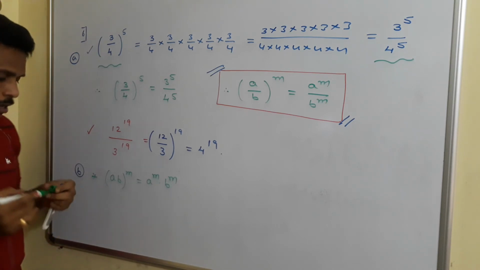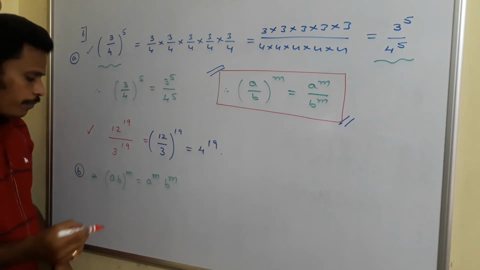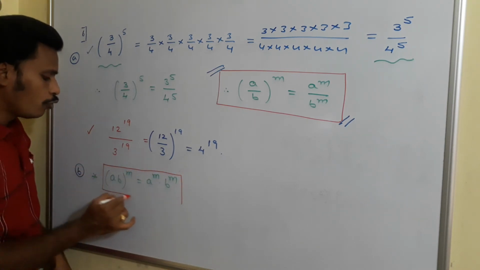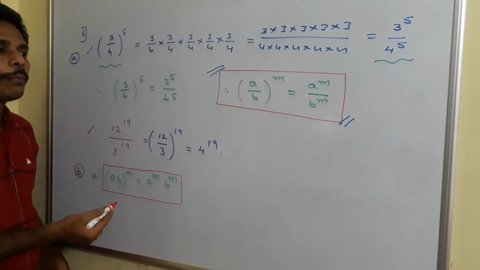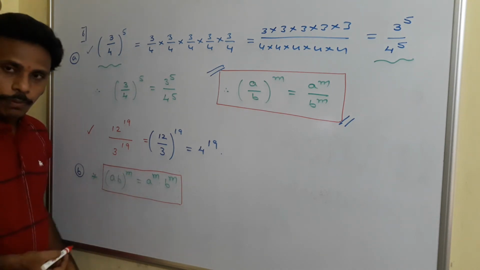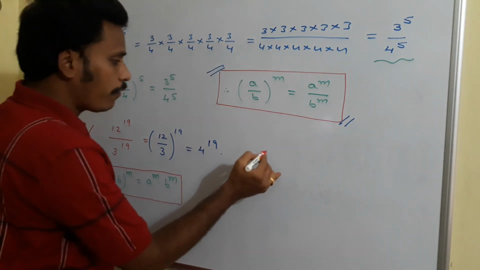Okay, ab whole power m is what? Multiplication of ab for m times. You just separate a for m times and b for m times, which is a power m into b power m. So we have a into b power m as a power m into b power m, a by b power m as a power m by b power m, but we don't have these.